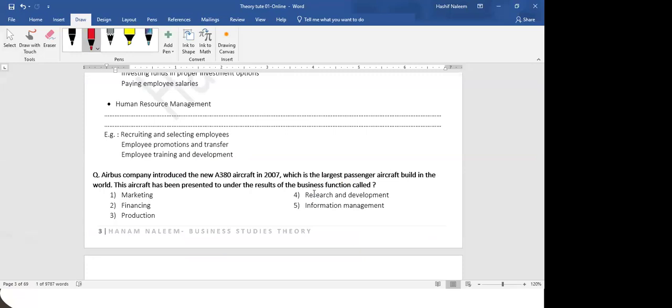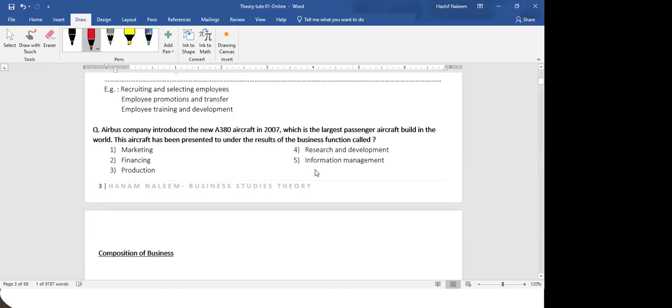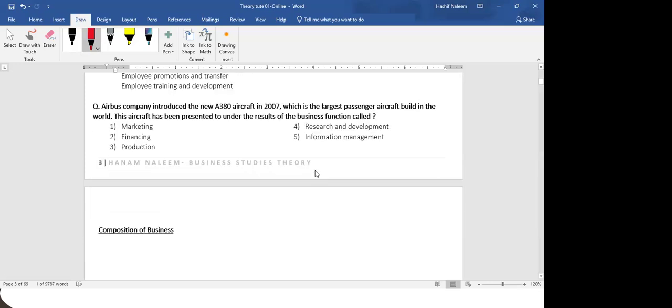This is how your MCQs will be in your exams. Are you done? Share me the answer number. Check it again.